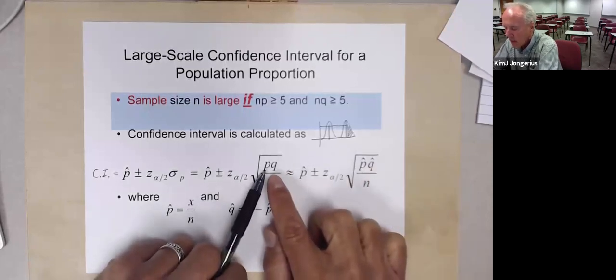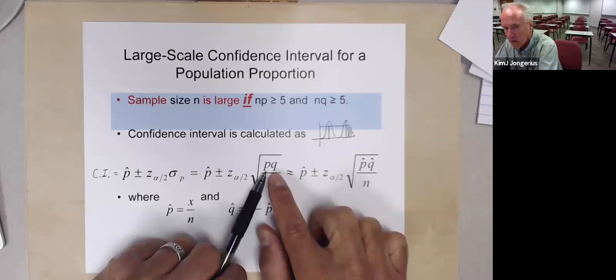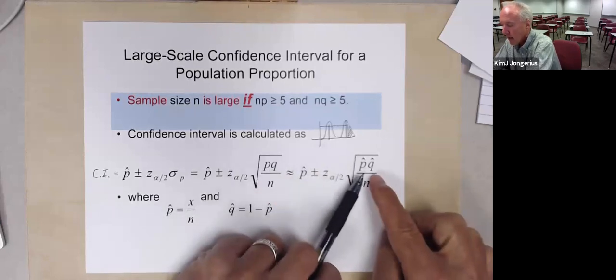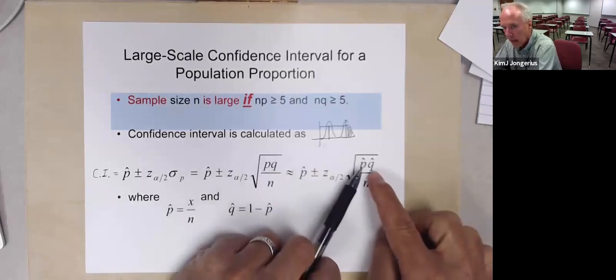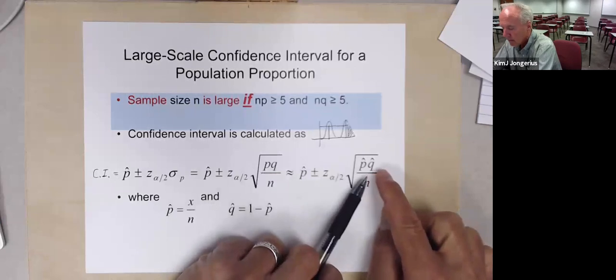Sometimes we have either this available or an estimate of this, which means we would use that first priority. Other times we don't have the population proportion. Frequently we don't have it, and we don't have an estimate of it. Then all we have to work with is our p hat and its complement.